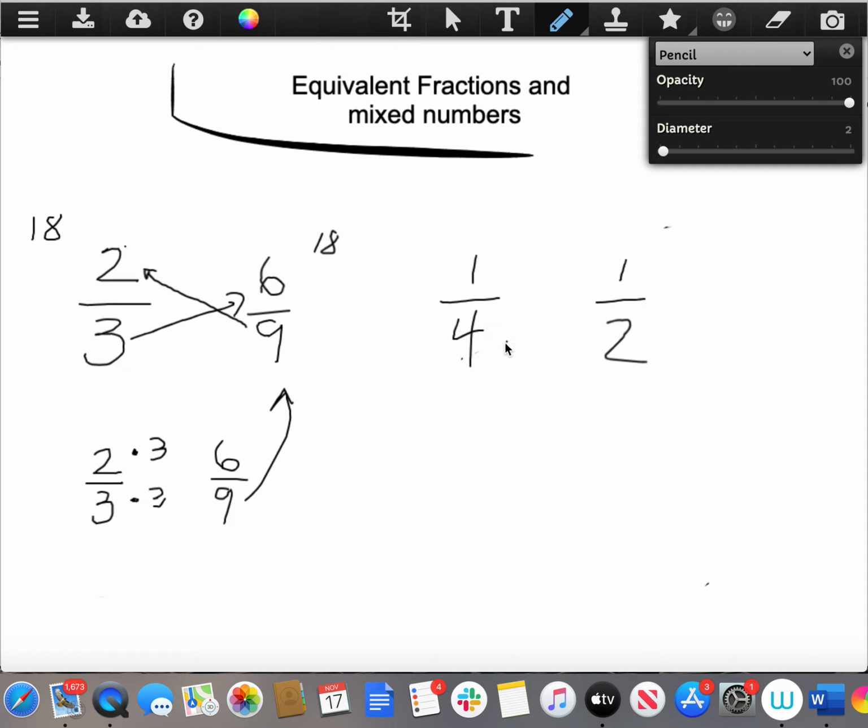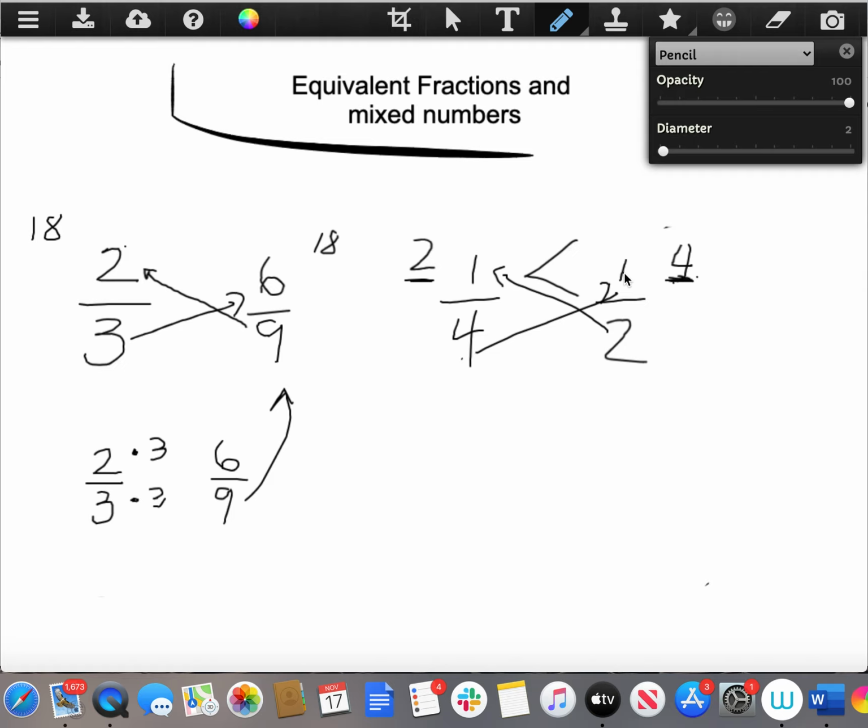But let's say it was fractions you didn't know for sure which one was bigger or not. Cross multiply. 2 times 1 is 2. Cross multiply. 4 times 1 is 4. Whichever number is bigger over here is the bigger fraction. So 1/2 obviously is greater than 1/4. So you know they're not equivalent, and you know which one's greater. That's why I like the cross multiplication method.